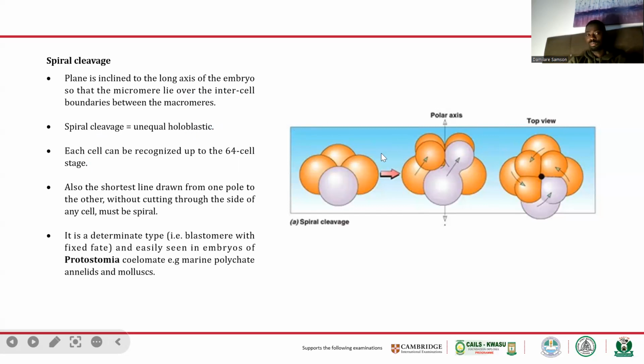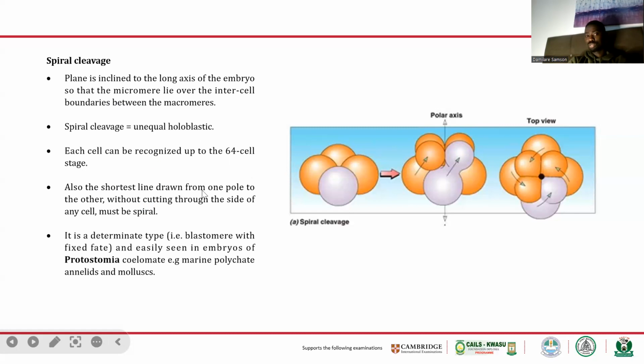It will be unequal. Now, each cell can be recognized up to the 64 cell stage. Most of the ones we talk about are 8 and 16 and so on and so forth. So here we are saying for spiral cleavages, you can have up to 64 cells making up the spiral cleavages.